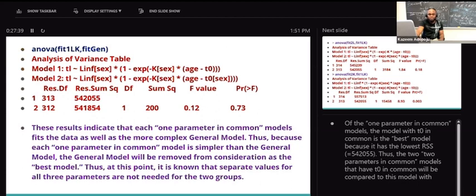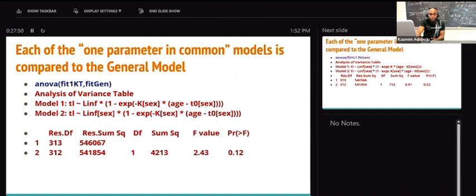Now, the next thing we want to go into is the other possibility. Don't forget, when you're talking about one in common, there are three types. Number one, fit 1 KT with general: maybe what is common is L infinity.